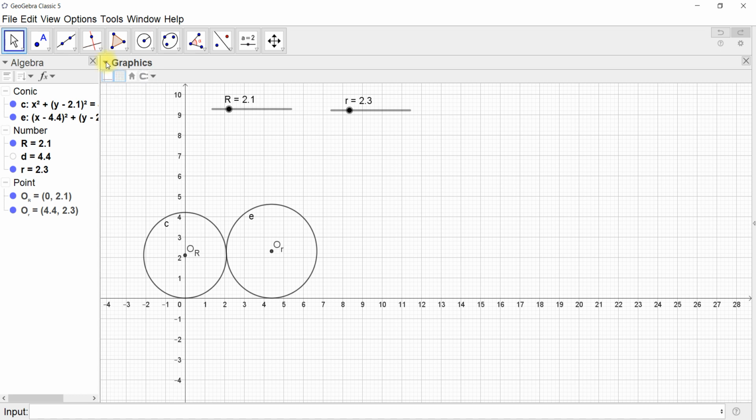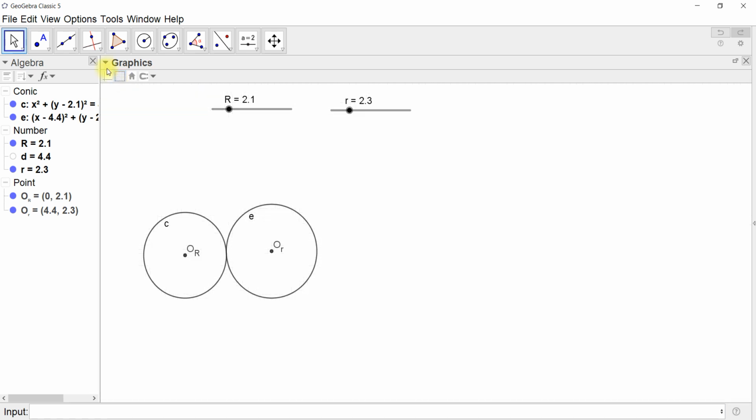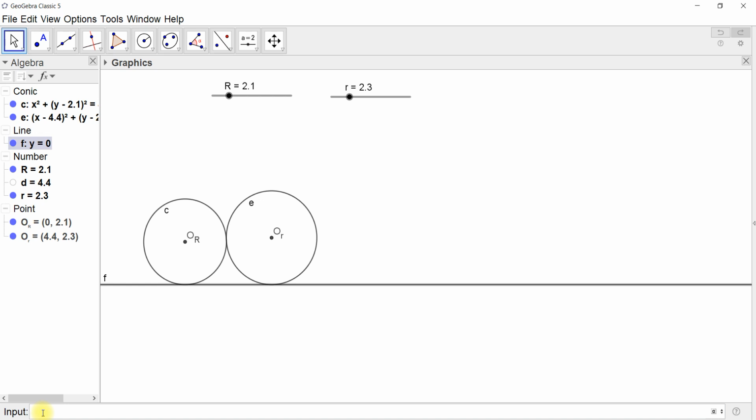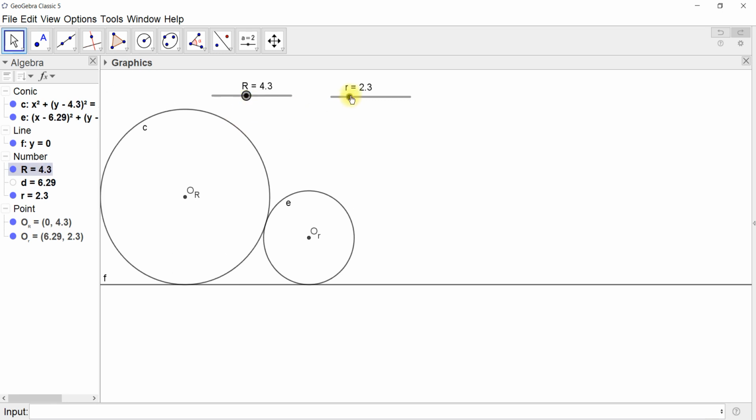So if I click to the graphics view here, I'm going to turn my axes off, and I'm going to turn the grid off, which means I probably want my tangent line, which was the x-axis. So down in the input, I'm going to type in y equals 0, just the equation of that. And there I go. So I've got my two tangent circles.